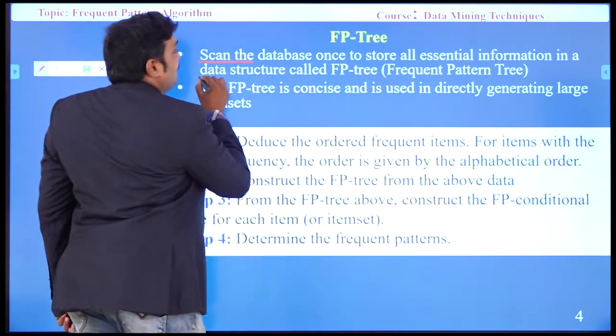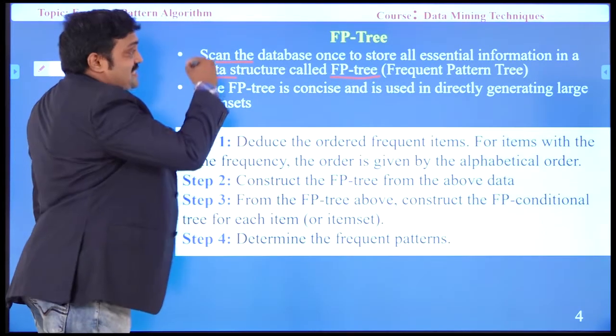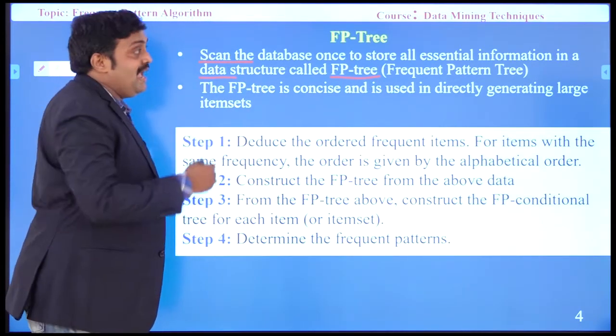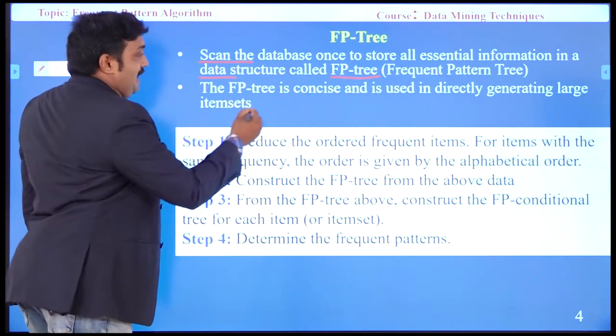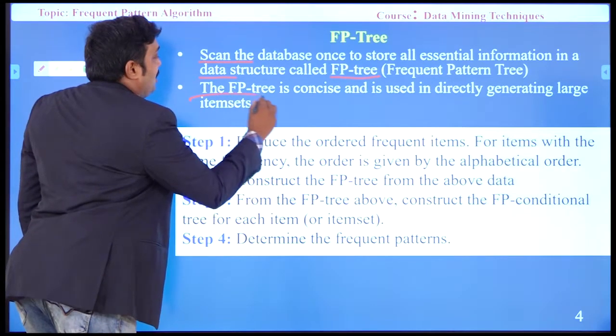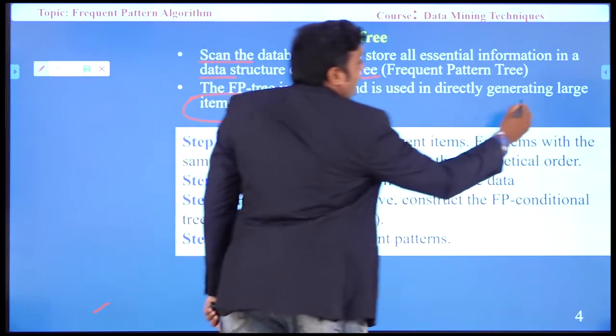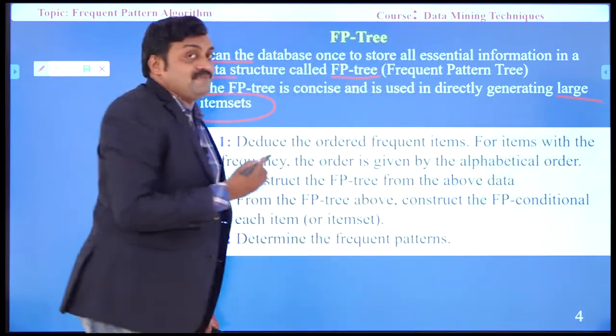All the essential information we construct with the help of the tree. We scan the data once and construct the tree. And with the help of the FP growth algorithm, we are able to work on larger item sets also.